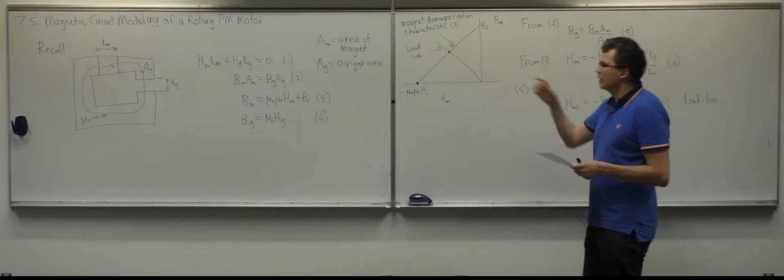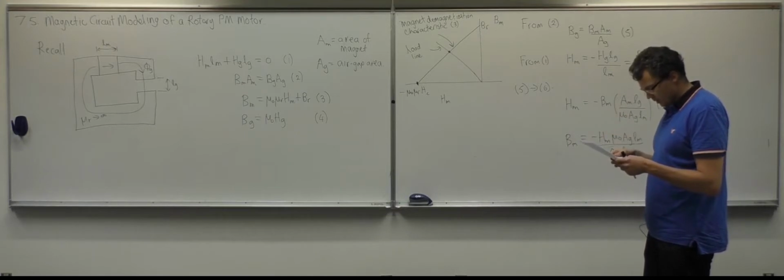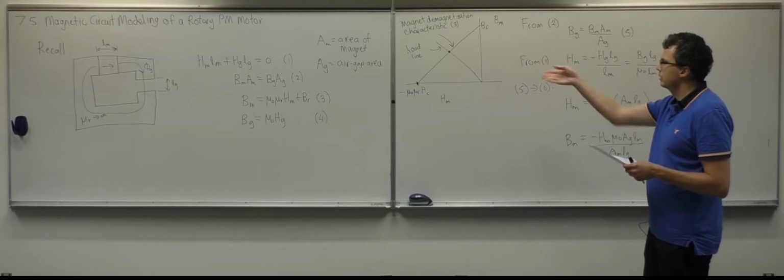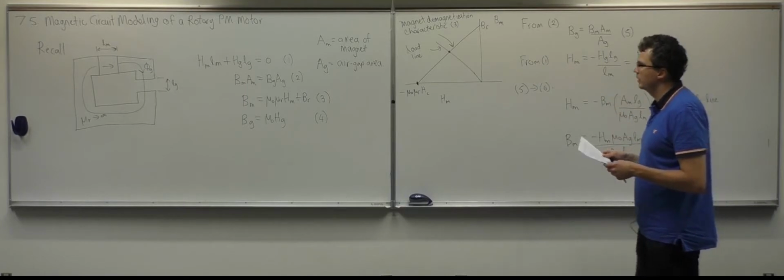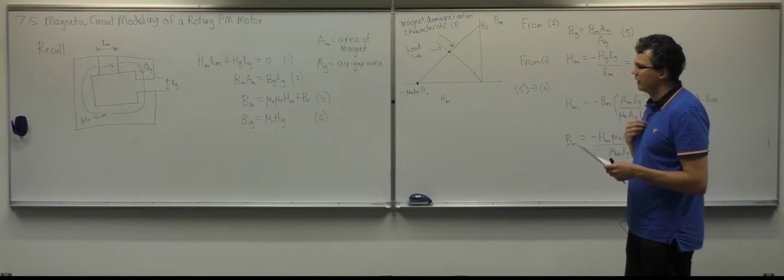This will give where the magnet is operating at, and that's important for checking how close it is to the demagnetization and looking at if we are utilizing the magnet material in the most efficient way.